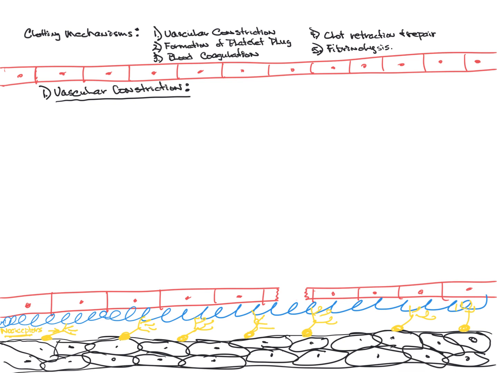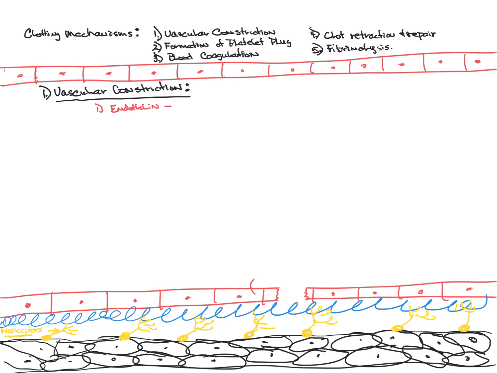Okay, so we're going to have roughly 3 things that are going to impact this to cause this vascular constriction. And the first one is going to be production of endothelin. When it is produced, it's going to be produced by the cell here.